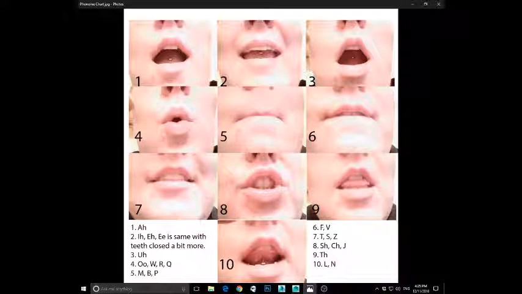And then you have L and N at number 10, where the tongue touches the top of the teeth.